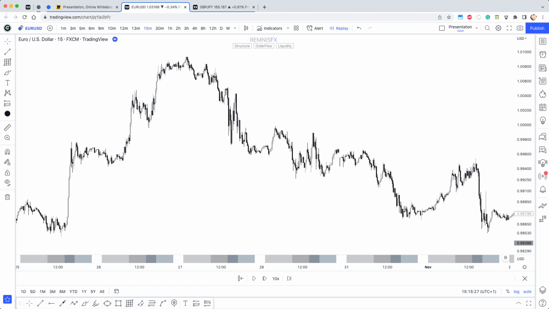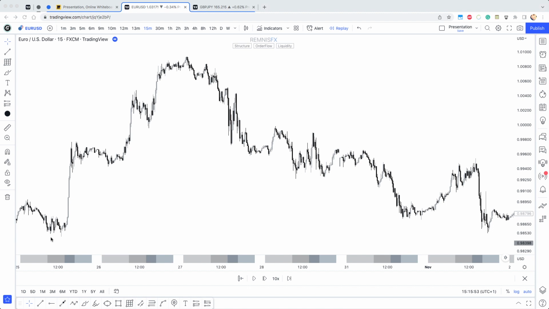Now, before I start, I would like to give you guys like a 10-second window, so you can have a look at the chart and try to identify where you think the order flow areas are. And in this case, obviously we look for bullish order flow areas, right?